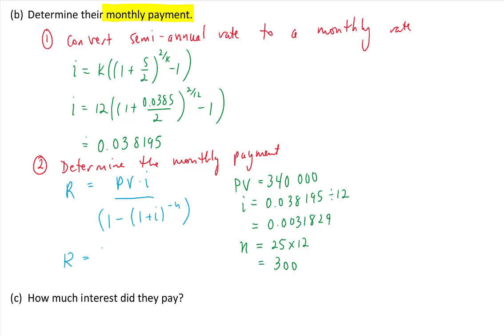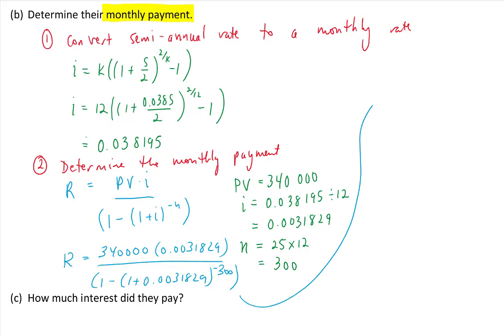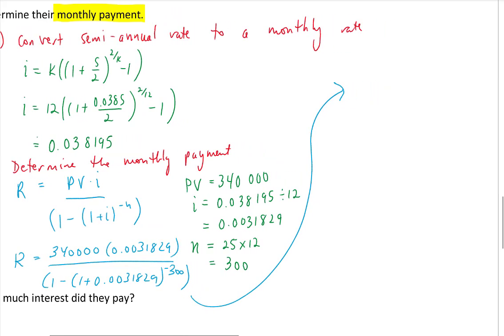So R equals 340,000 times 0.003189 over 1 minus 1 plus 0.003189, close the bracket, minus 300, and close the final bracket. So again, typing that into your calculator, we should get a regular payment of approximately $1,760.93 per month.